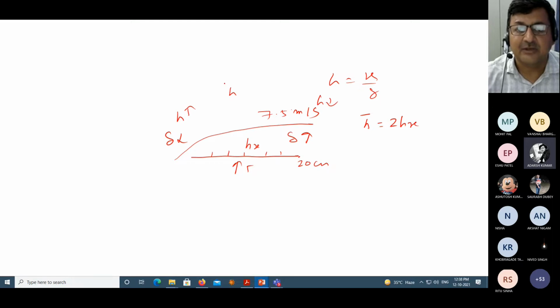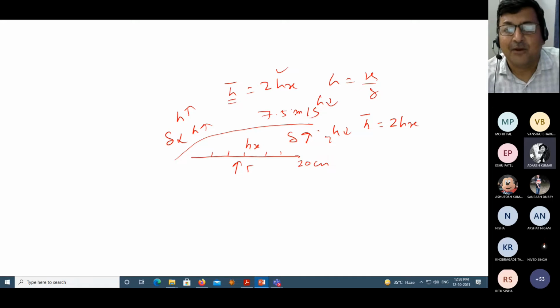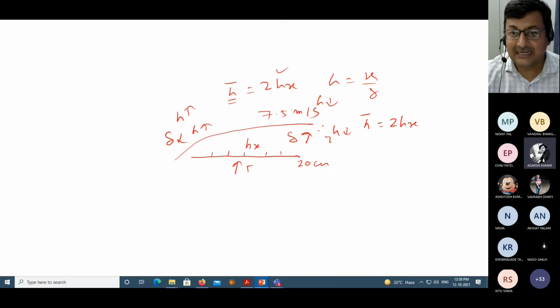So average h will be larger than the local h at 20. Here you have the heat transfer coefficient which is the least, and here the highest. So average will always be larger than the local, at least at the stage where things have already developed.